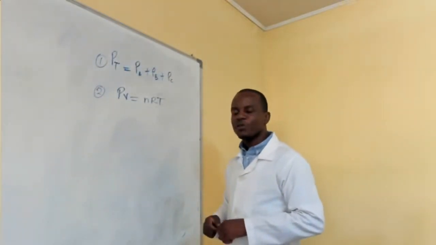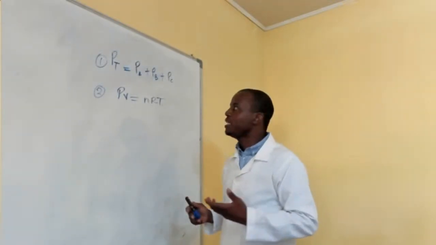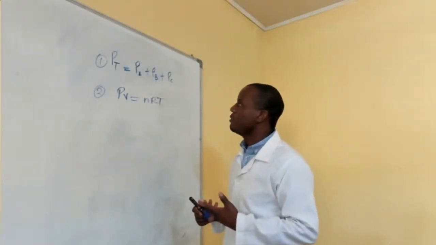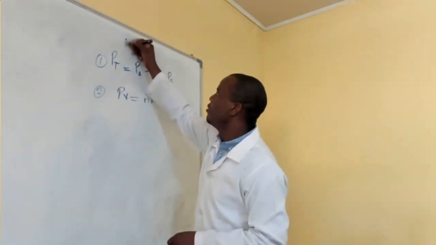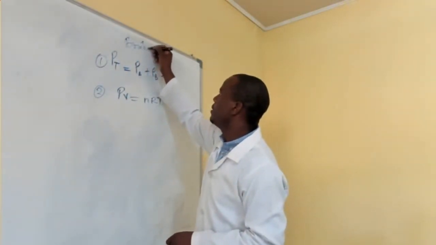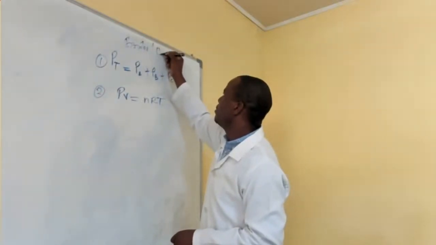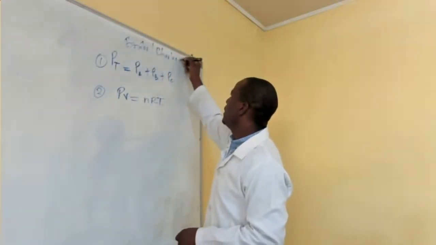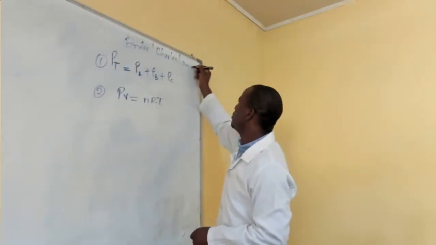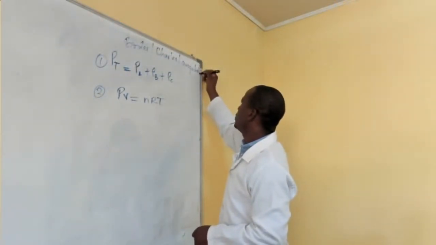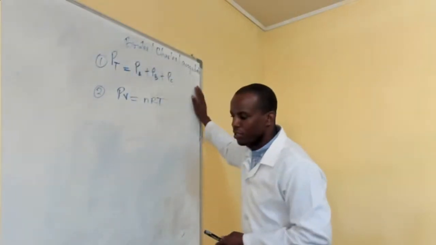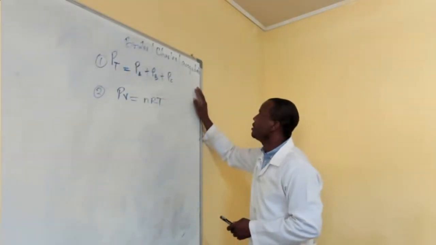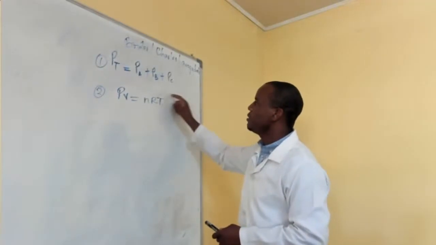Just a few people used to attend those lectures, but we did cover them. So in your spare time, you could try and recap on Boyle's law, Charles' law, and also Avogadro's law. Try to read on these 3 laws so that you can understand where we are getting the ideal gas equation.